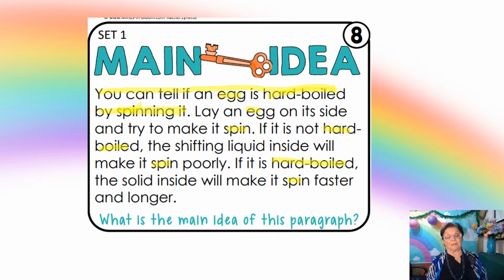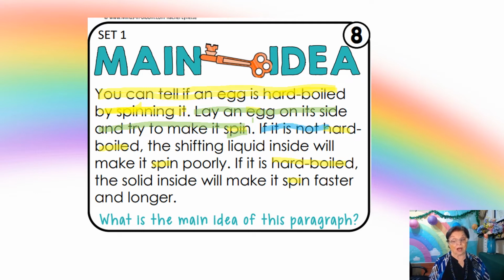There is the main idea. You can tell if an egg is hard-boiled by spinning it. Let's find our details just to prove it. So it's telling you how to check. Lay an egg on its side and try to make it spin. That's how you check. I do see the word spin again and the word egg. Let's see if we can find another detail.